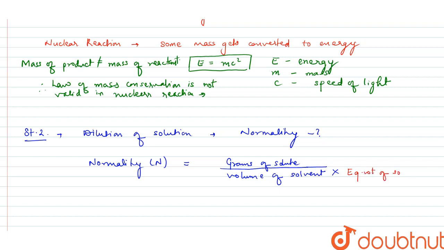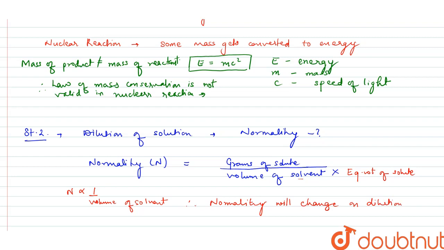Normality is inversely proportional to the volume of solution. Hence normality will change on changing the amount of solvent, that is, on dilution.